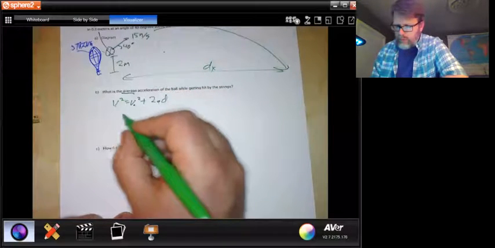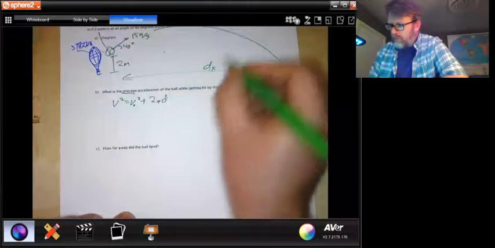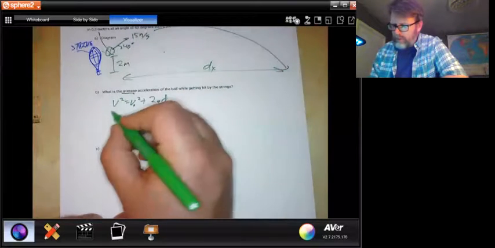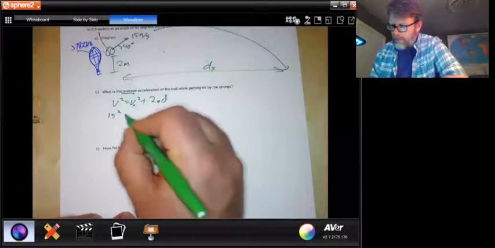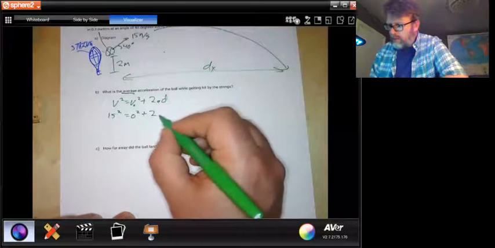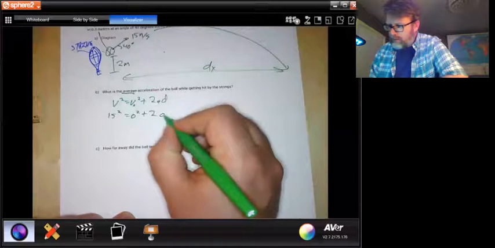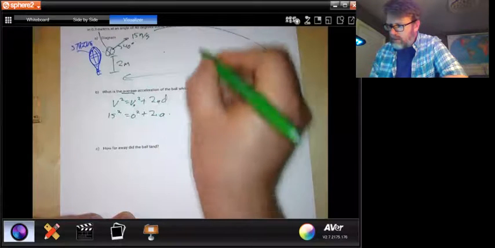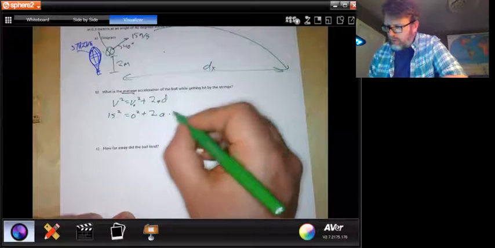Okay, so now I know it went from 0 to 15, and I'm trying to solve for acceleration, and it did all of this in 0.3 meters.